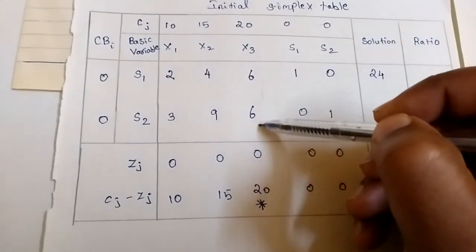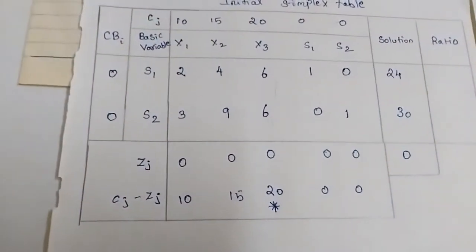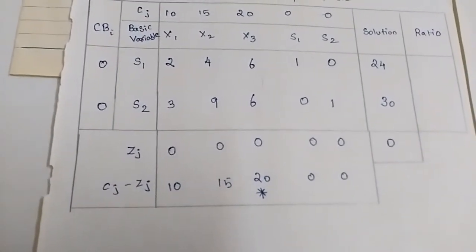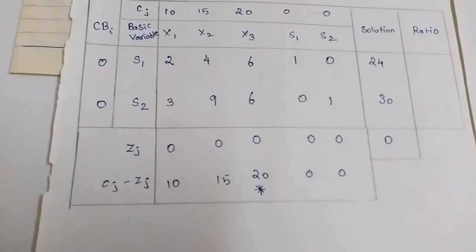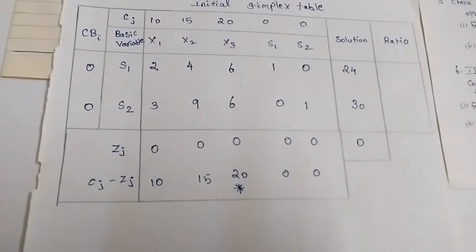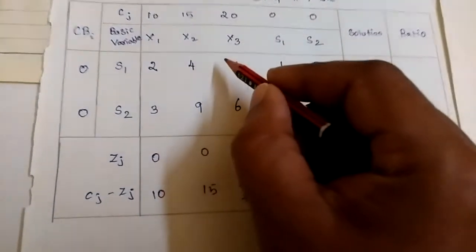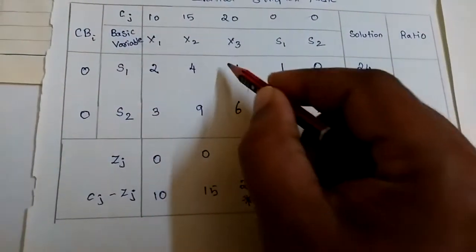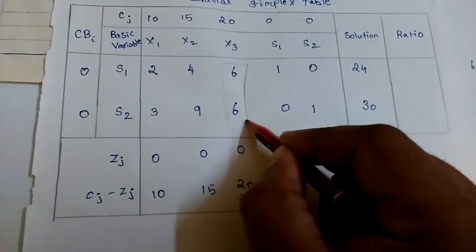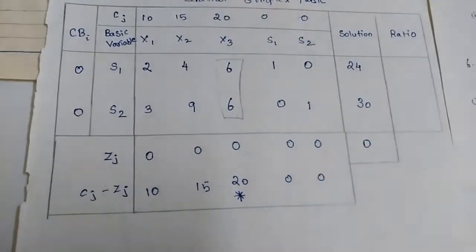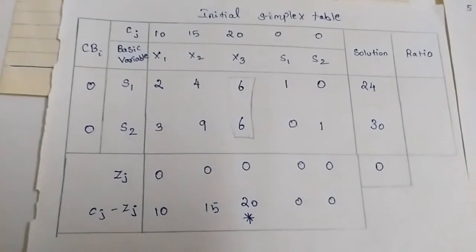This is called the key column. We are going to find the key row, and after that the key element. Just make a box around the key column. Okay, you got the key column values.